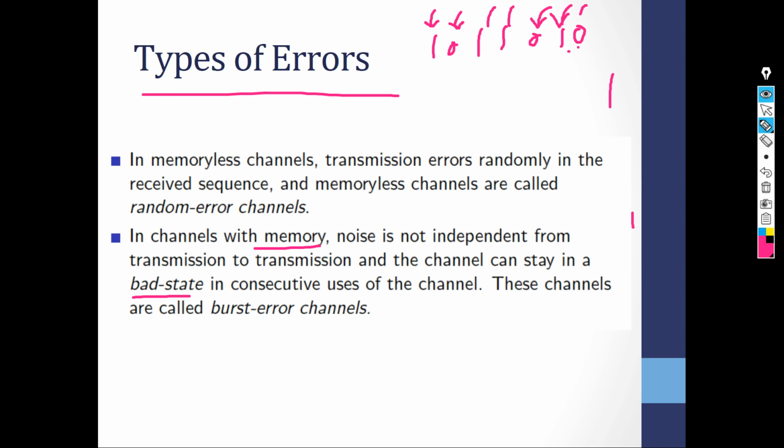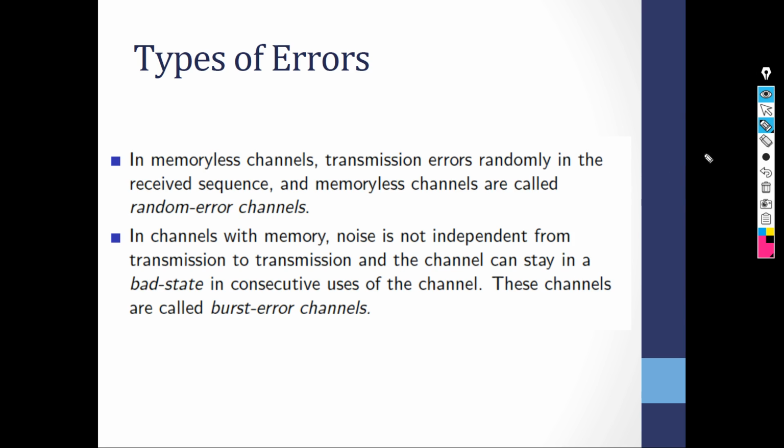It causes severe degradation and a severe increase in the bit error rate. It increases the errors in the system, reduces the reliability, and we need to come up with techniques or special coding methods that can overcome this. These are the different types of errors we have.